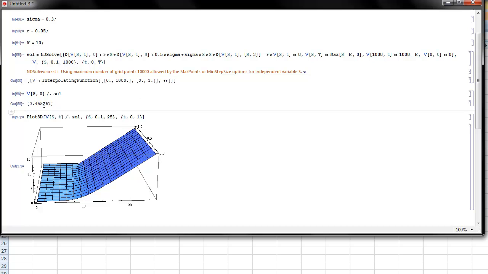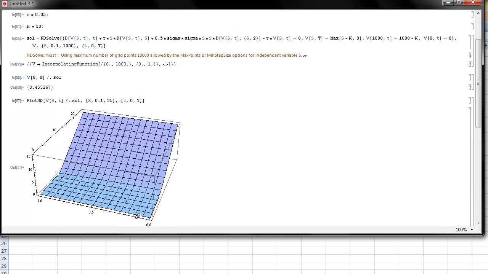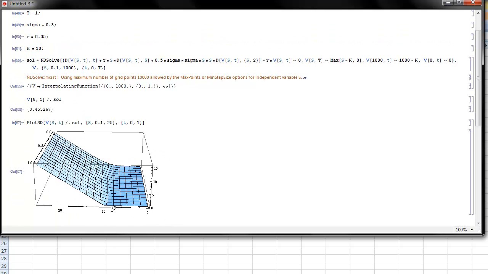So the number has substantially decreased because we have moved to the left. We are somewhere over here. Okay, and now if we move to maturity, that means we are moving along this axis, and we'll get a number on this border. So if we are at maturity, at this border, we will get the price to be 0 because 8 is over here.